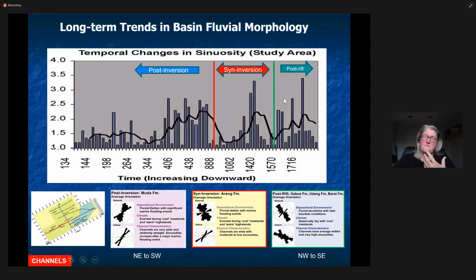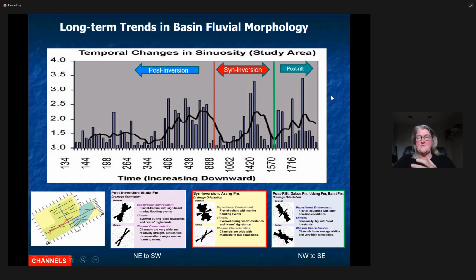There's a phase of rifting, and the immediate post-rifting shows some high sinuosity. Then early in the inversion process, we have low sinuosity, but during syninversion we begin to get a series of high sinuosity channel systems. And then in post-inversion, we get another long period of high sinuosity channel systems.